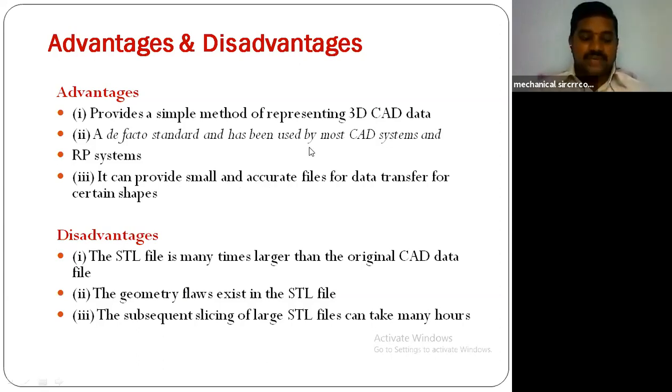For example, if you are going to install ANSYS software into a system and perform analysis of a particular component, then you need to have at least 4 GB RAM, because the file formats occupy more space in the system.